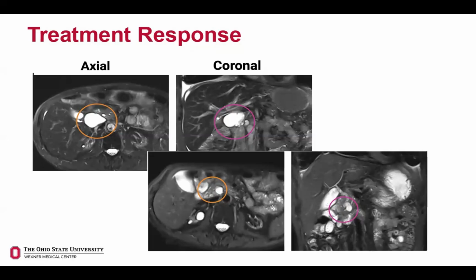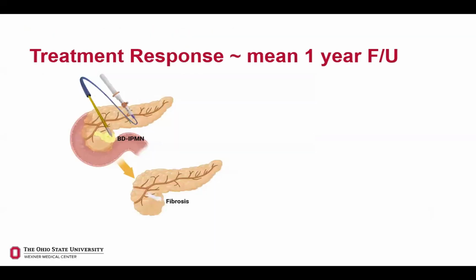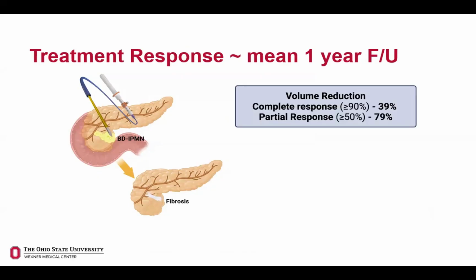So complete response is only defined as more than 90% when you tabulate all the volume. Looking at overall response, this is a mean follow-up of 1 year, with studies still ongoing. Volume reduction: complete response in 39%, partial response in 79%.